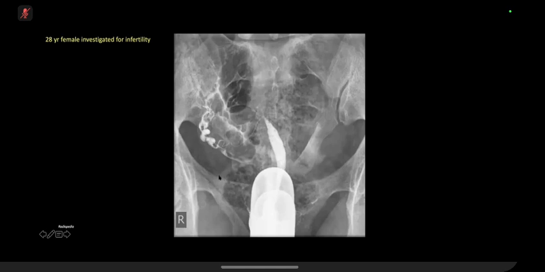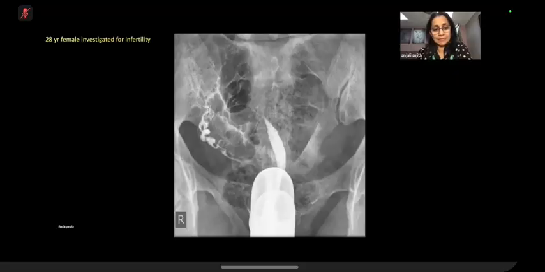It looks like a unicornuate cavity with a single fallopian tube on the right with good spill of contrast through that, so a patent fallopian tube on the right. The differential for this could either be that there is a unicornuate uterus, or that this could be a didelphic uterus and there are 2 cervices and only one of the cervices has been cannulated.